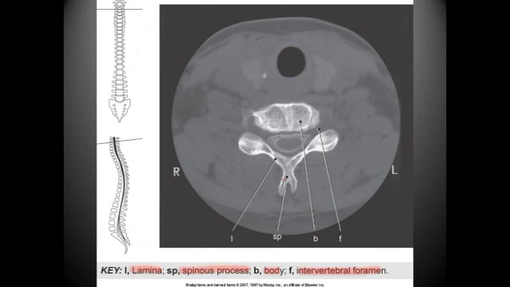Okay, we have contrast in subarachnoid space as well here. And so that is what we're typically seeing on the screen. But we do have the vertebral body here.